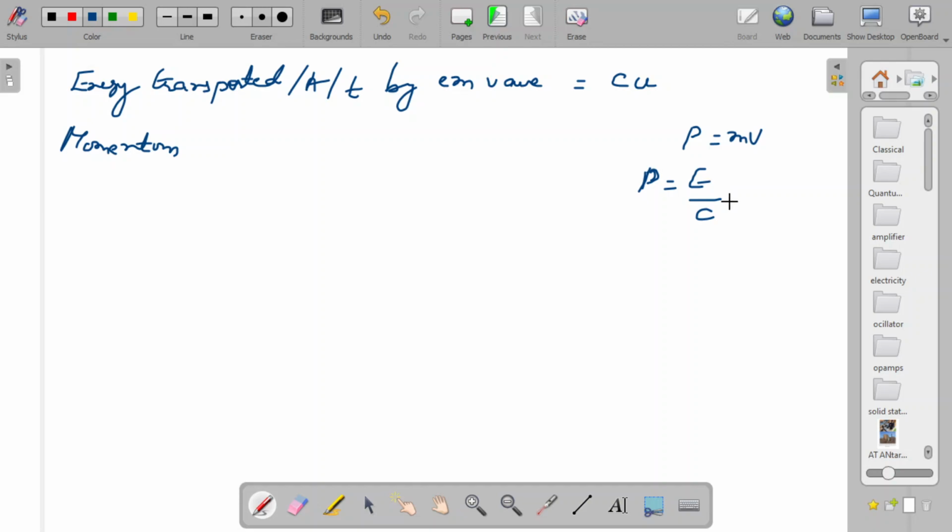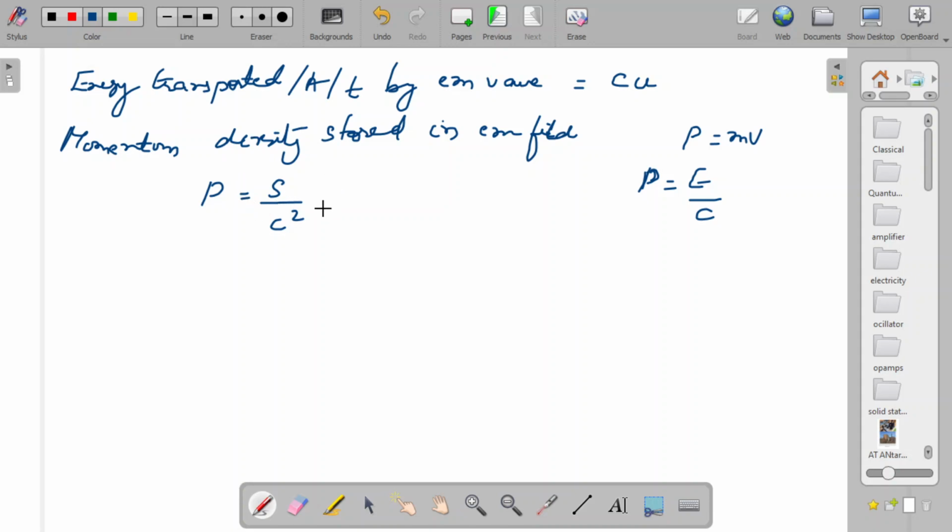And this momentum density stored in the electromagnetic field, let me say this is P, is equal to S divided by C square, where S is the Poynting vector.